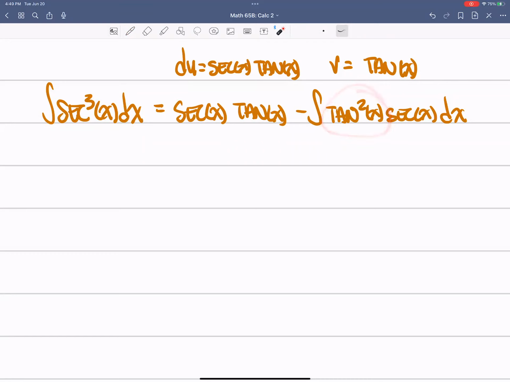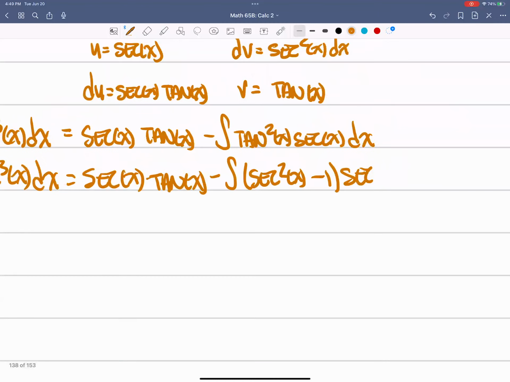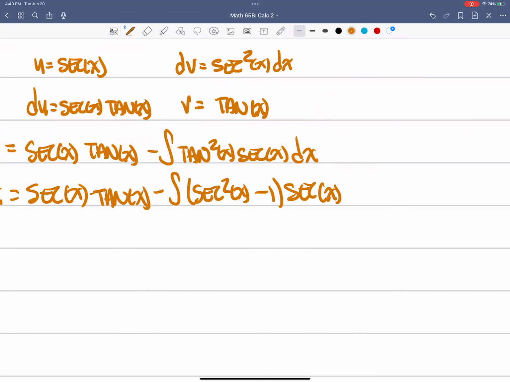Let's make this in terms of secants. So let's rewrite everything. The integral of secant cubed x dx is equal to secant x tangent x minus the integral of tangent squared, which we could rewrite as secant squared x minus 1, times secant x dx.